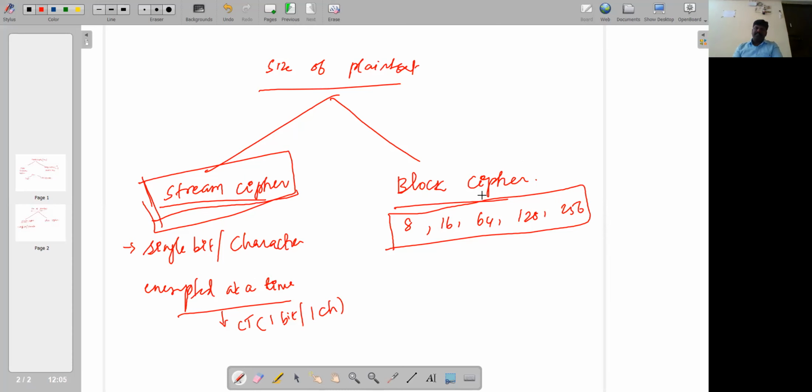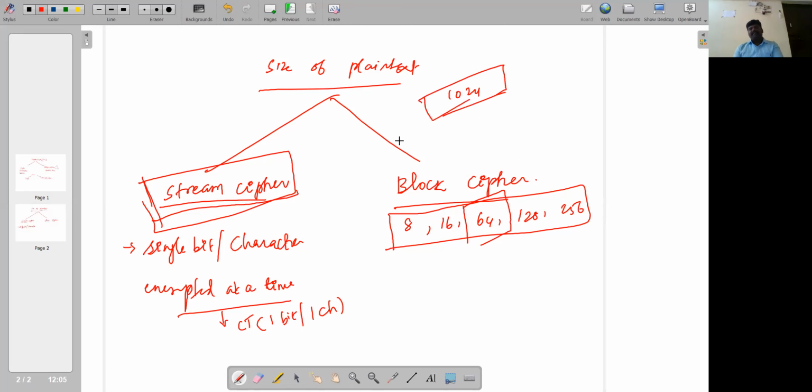where the entire plain text is divided into different blocks, or small-sized pieces of plain text. Say, for example, I'm taking a 64-bit block, and there are 1024 bits in the given plain text.